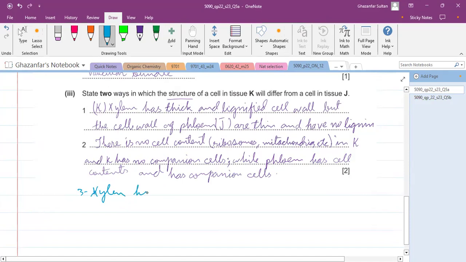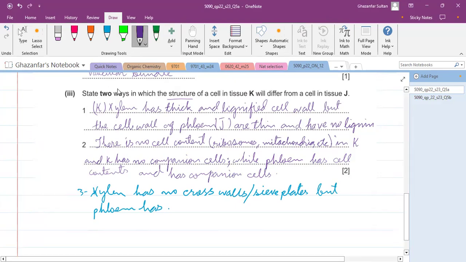Xylem has no cross walls or sieve plates, but phloem has. We are asked to write only 2 points of difference, but we have written 3. So in the exam, as per your given space, your answer must be limited.